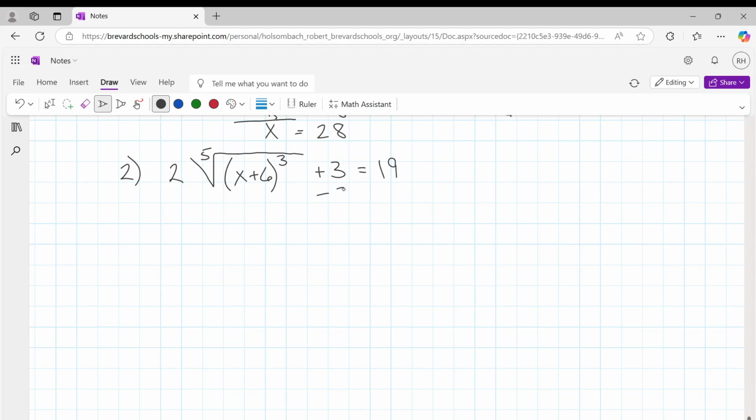So subtract 3 from each side. Bring down this 2 and then rewrite this radical in exponent form. So x plus 6 to the 3/5 is equal to 19 minus 3, which is 16.